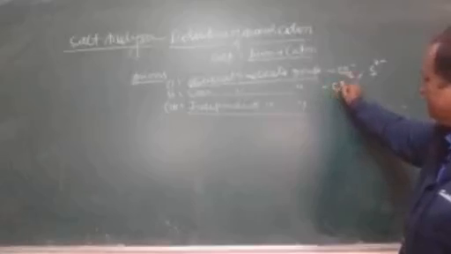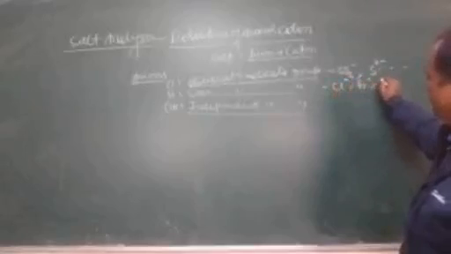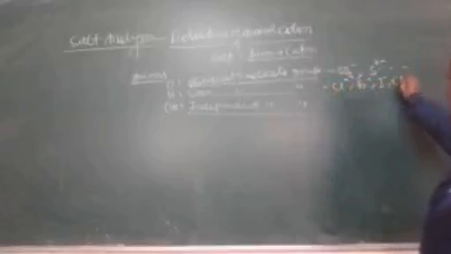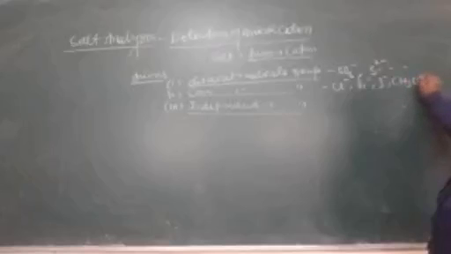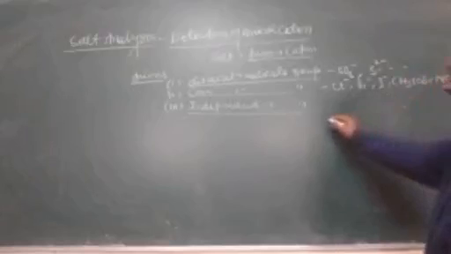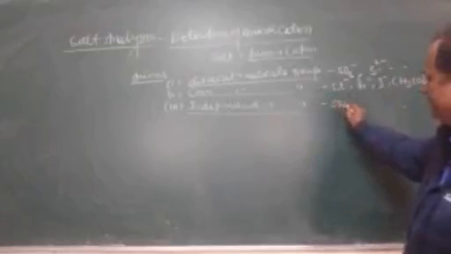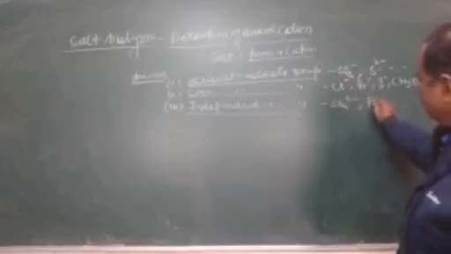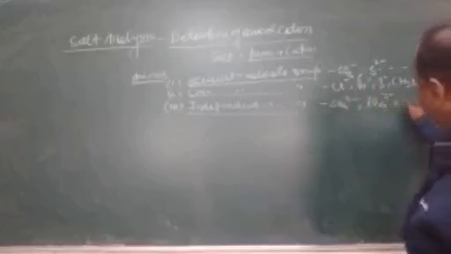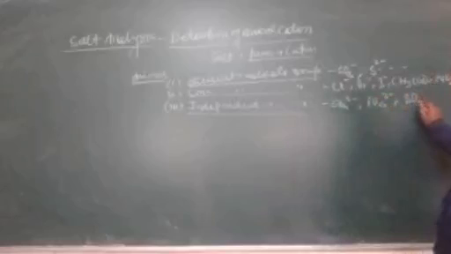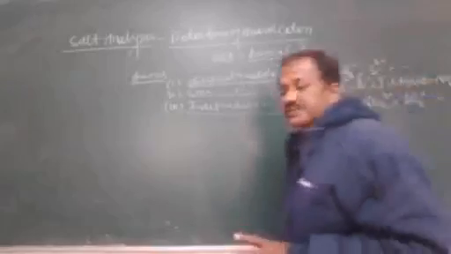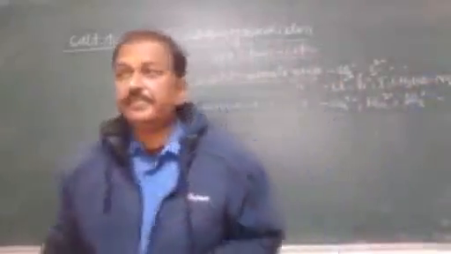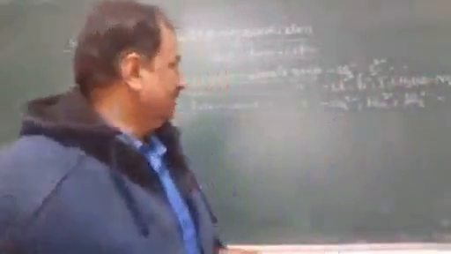Similarly, concentrated includes chloride, bromide, iodide, acetate, nitrate, etc. Independent includes sulfate, phosphate, borate BO3, etc. So these are the groups of the radicals.